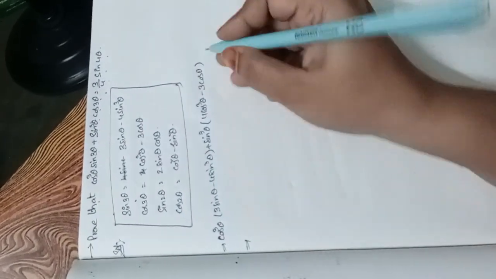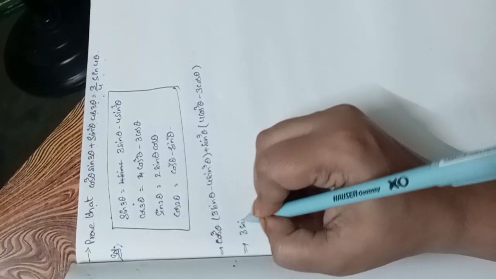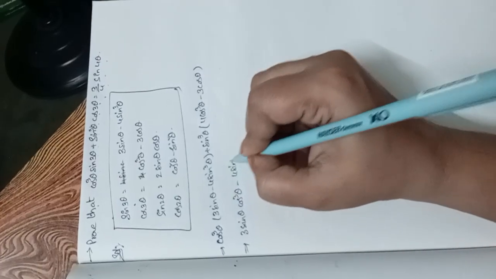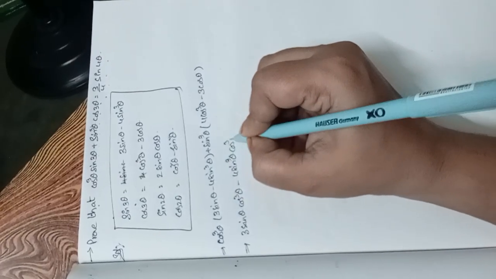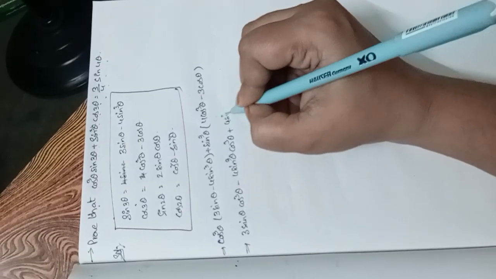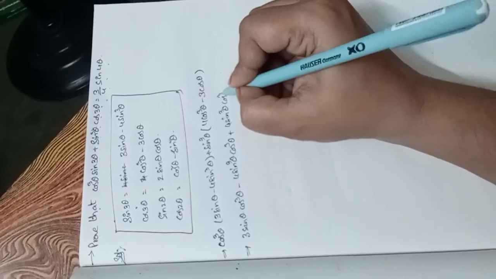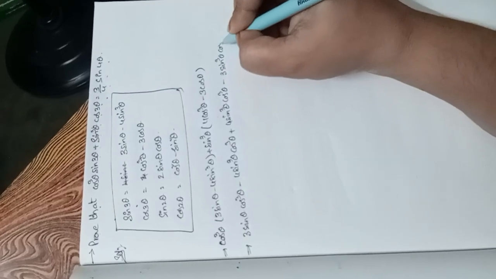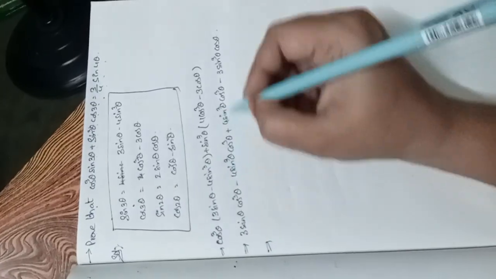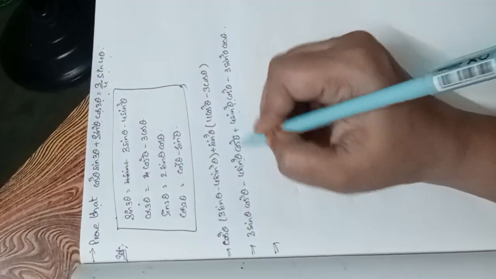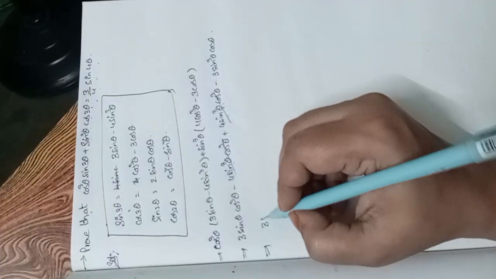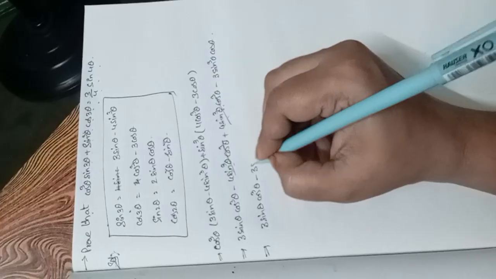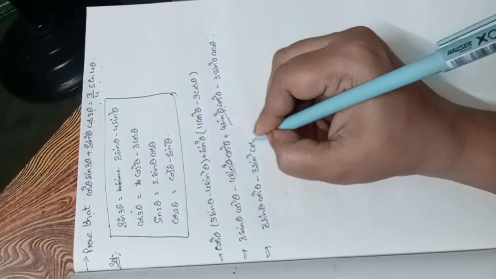Multiplying the terms: 3 sin theta cos cube theta minus 4 sin cube theta cos cube theta plus 4 sin cube theta cos cube theta minus 3 sin cube theta cos theta. These two have opposite signs, so both get cancelled. What remains? 3 sin theta cos cube theta minus 3 sin cube theta cos theta.